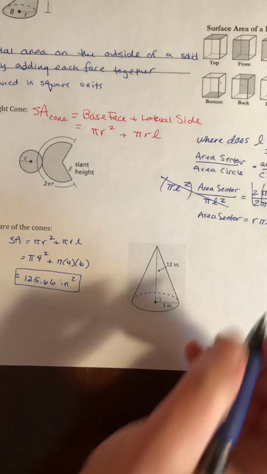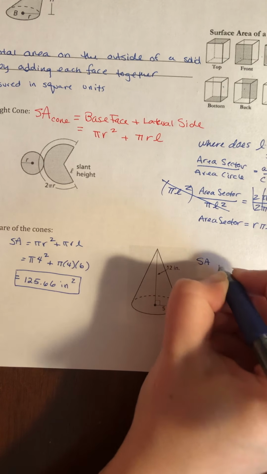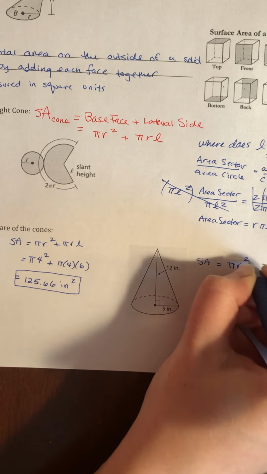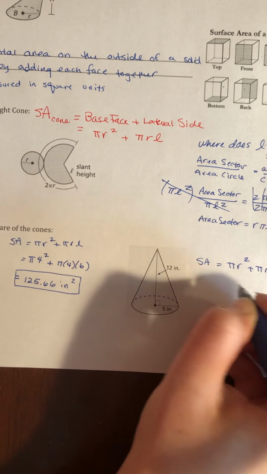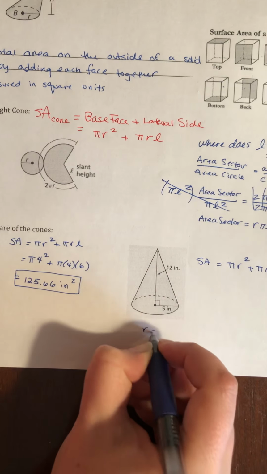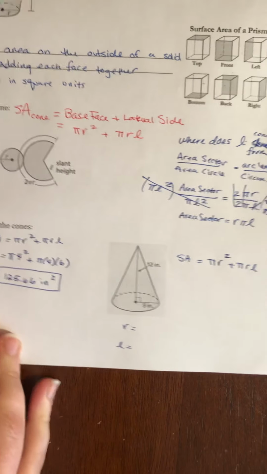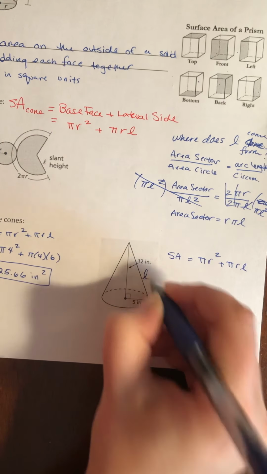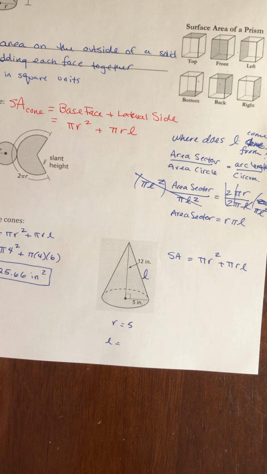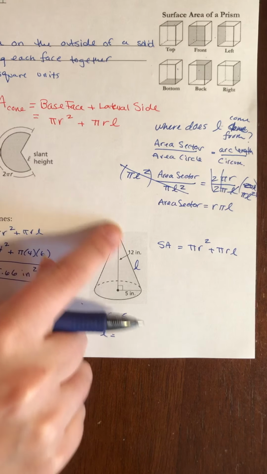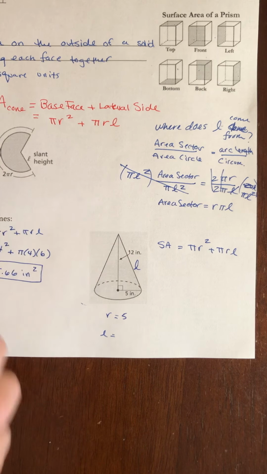Try that again. The surface area is pi r squared plus pi r L. We need r and we need L. The only difference here is we do have r, but we don't have L. This is why it's important that this is a right cone, because we can use the Pythagorean theorem to find it.